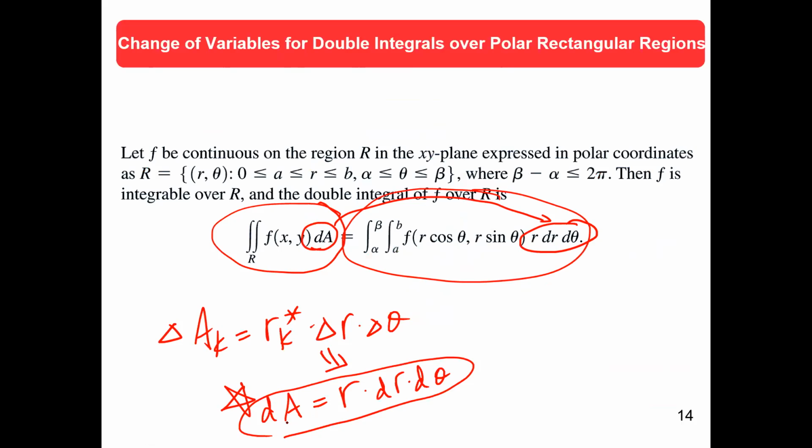The reason is dA is not just dr d theta, it is R times dr d theta, especially this R in front. That's kind of rare, right? It's not just dx dy, now it's R dr d theta. Then the radius will be between a and b, and theta will be between alpha and beta, matching the limits and your variable.